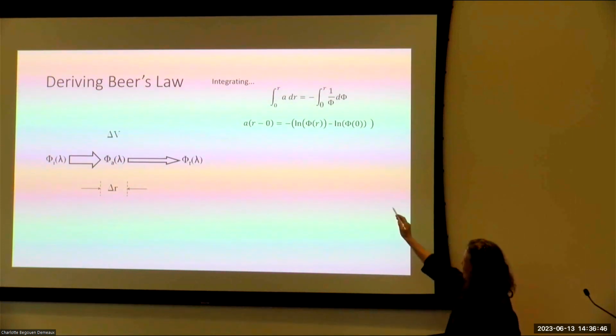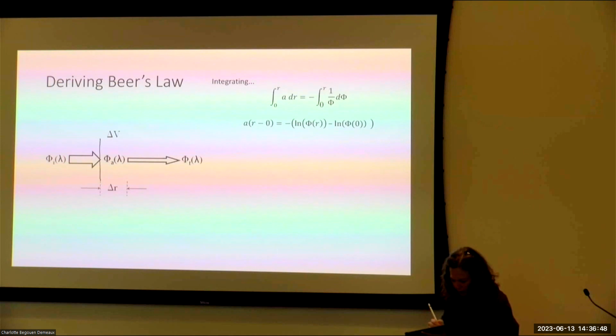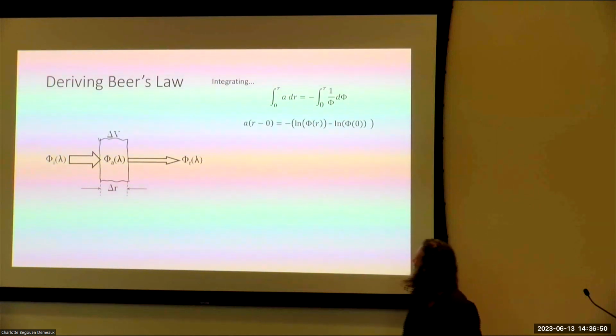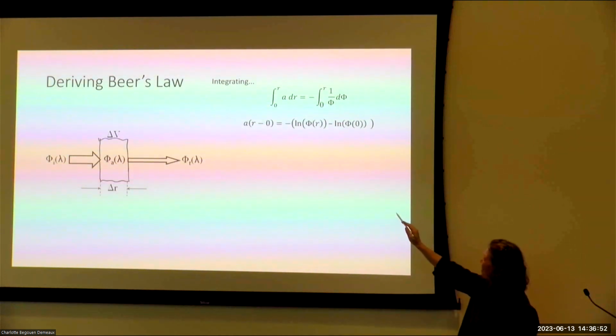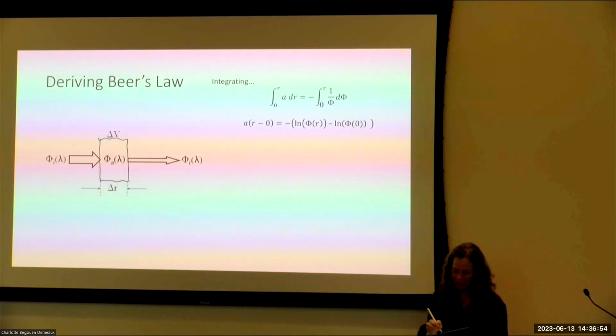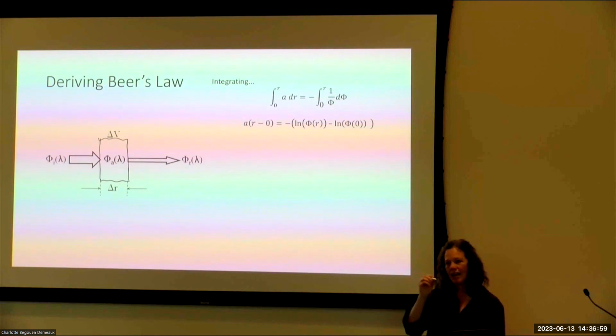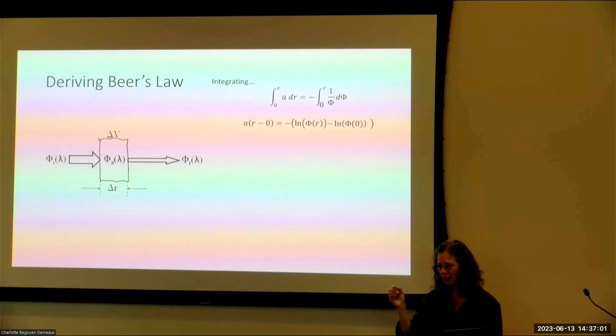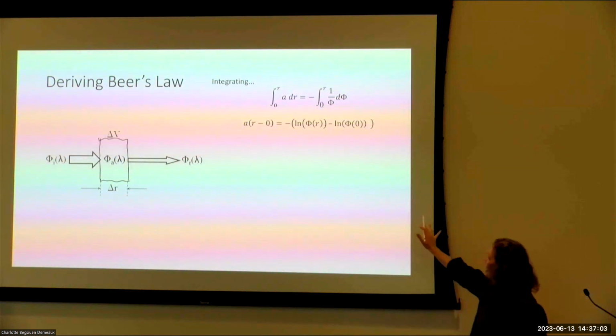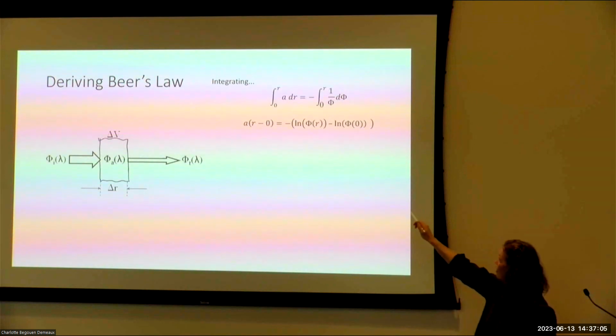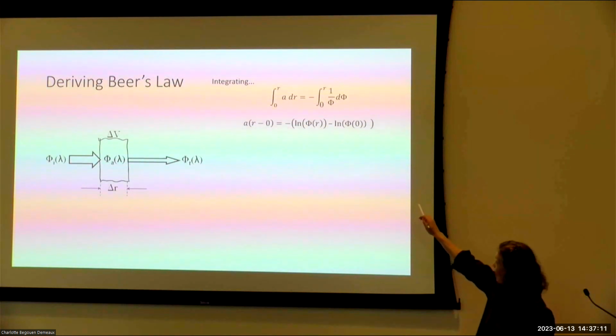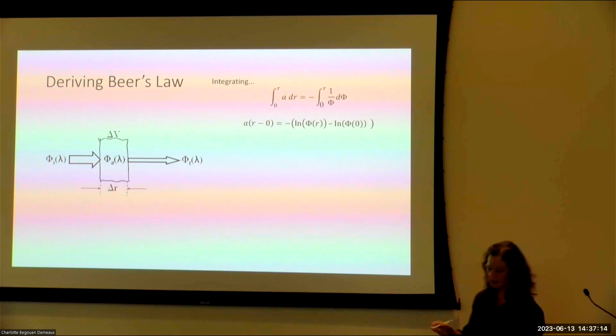So if we integrate this, on the left-hand side we've just got a times r minus 0, our definite integral. On the right-hand side we've got our negative sign still, and then the integral of 1 over radiance is the log of that, and we plug in our limits of integration as well.